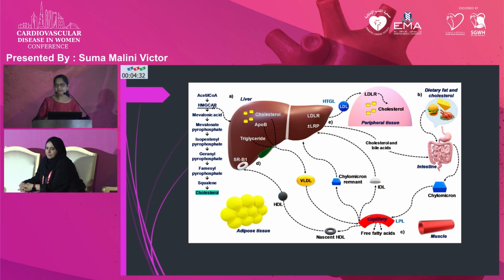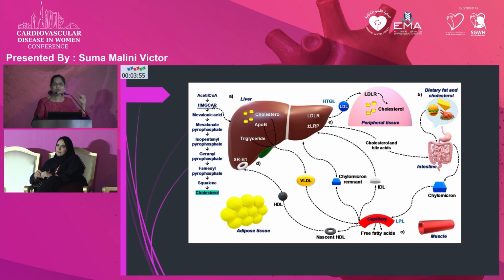At that point of time, some of the fatty acids are used for the muscle functions, and the rest is taken to the liver, where the various particles of LDL, VLDL, and other cholesterol particles are made and released back into the bloodstream and taken up by the peripheral tissue, used for various functions like hormone synthesis and so on and so forth. And the excess cholesterol is taken up by the adipose tissue and stored.